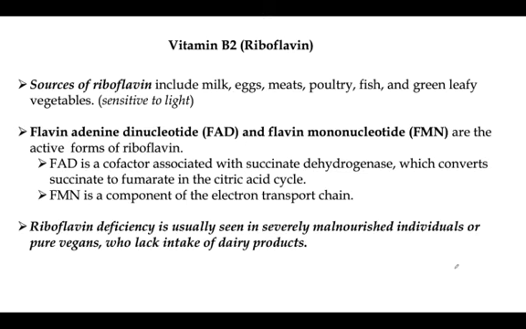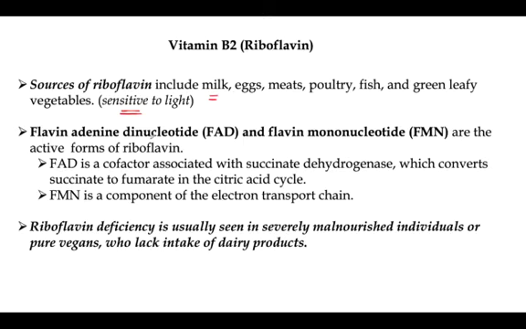The next water-soluble vitamin is vitamin B2 or riboflavin, and the major source of vitamin B2 is milk. However, you need to remember that vitamin B2 is photosensitive, so if milk is exposed for prolonged periods to light, there is degradation of this particular vitamin. Now, riboflavin is converted to flavin adenine dinucleotide and flavin mononucleotide, which are called the active forms of the vitamin.